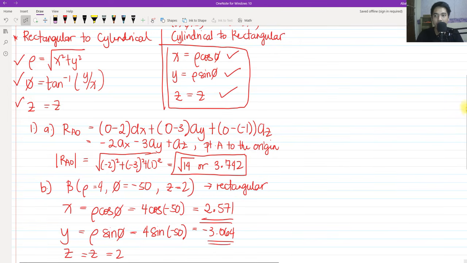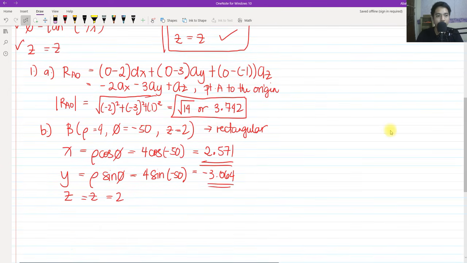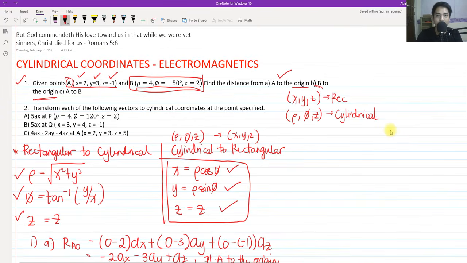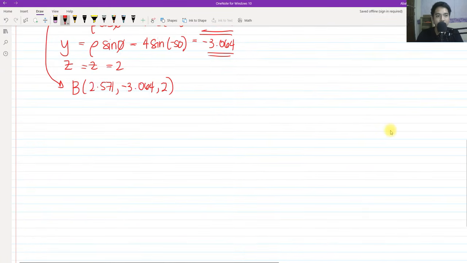Therefore, the coordinates of this point B in rectangular coordinates are 2.571, negative 3.064, and 2. We are asked to find the distance of that point to the origin. Again, we have to get the vector R_BO from point B to the origin.